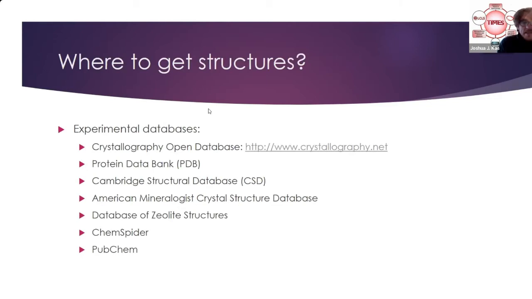So where do you actually get these structures? There are lots of experimental databases for crystallography, as well as other formats of structures like XYZ, or sometimes what people call the ZMAT. And one good way to transform to XYZ, if you need to do that, is through, I think it's Open Babel.